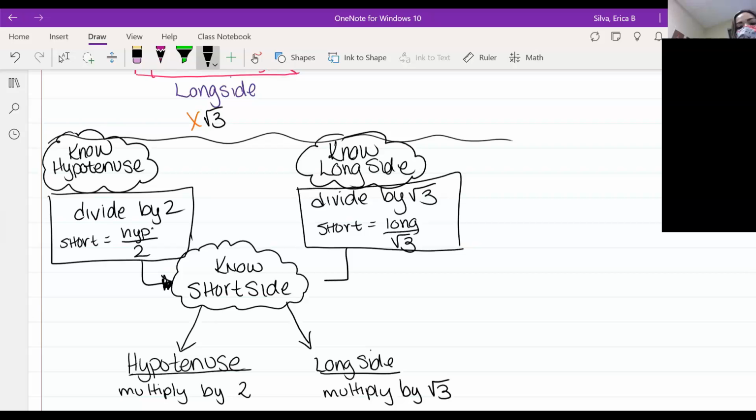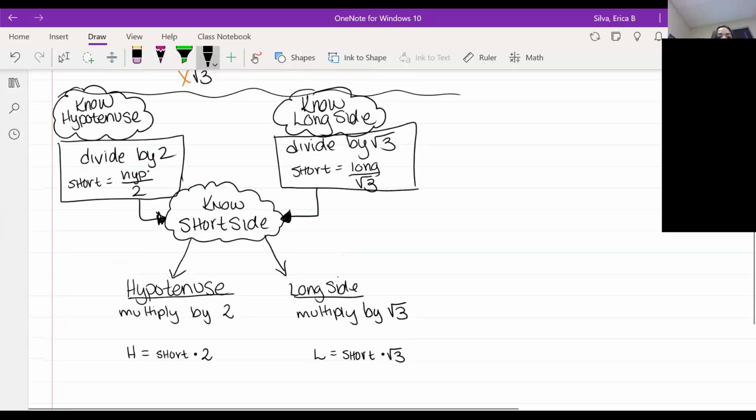And now that we know our short side, we can multiply to find the other side. So remember, we always find the short side, and from the short side, we can do miracles. Mathematical miracles, by the way.